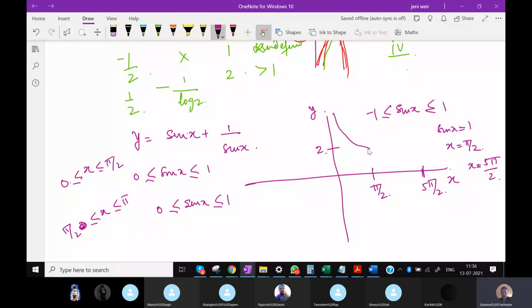So that means this will go up. This is pi. So then from pi onwards to 2 pi, the graph will be in the negative quadrant.